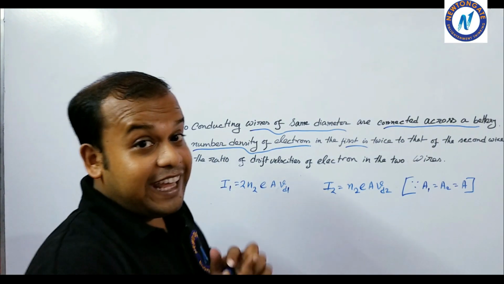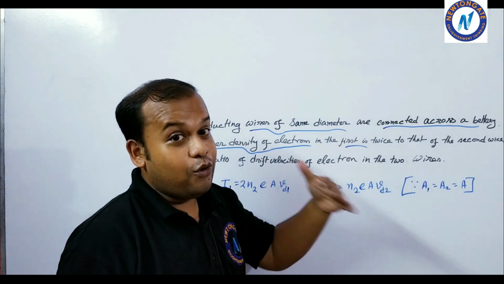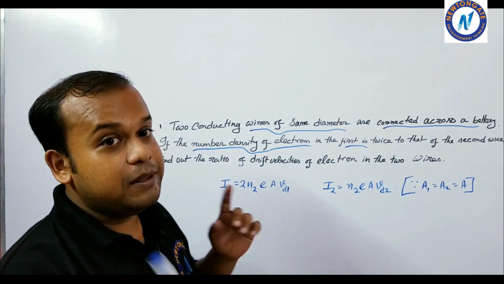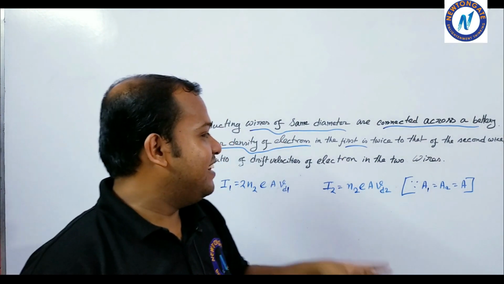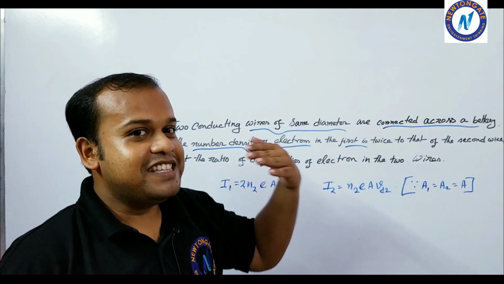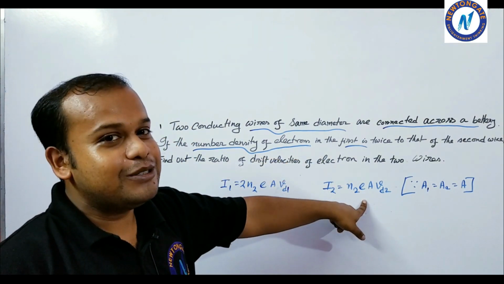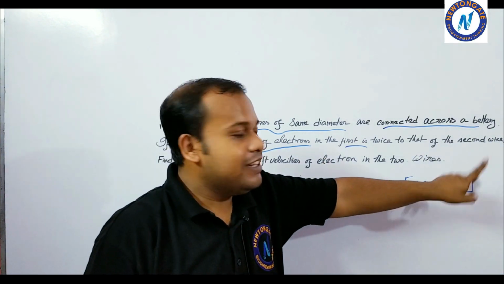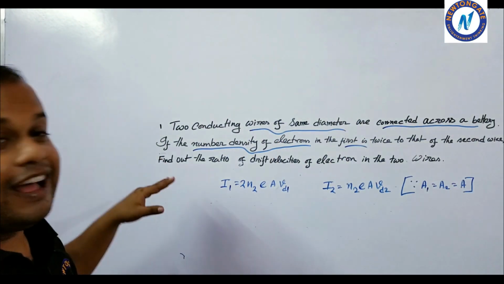Here we have taken another consideration: since the wires have the same diameter, and the cross-sectional area depends on the radius, they have the same radius and the same cross-sectional area. So we have A1 equals A2 equals A, and here are the equations.